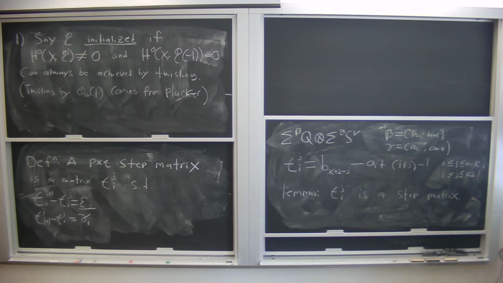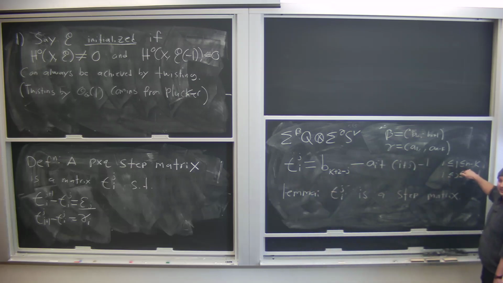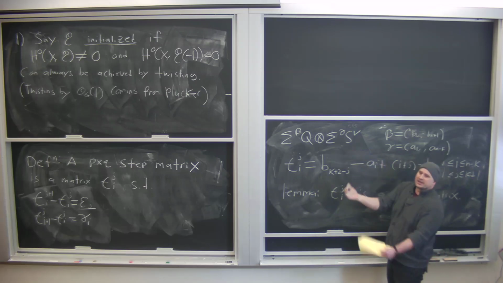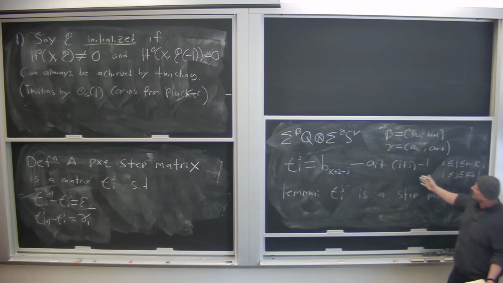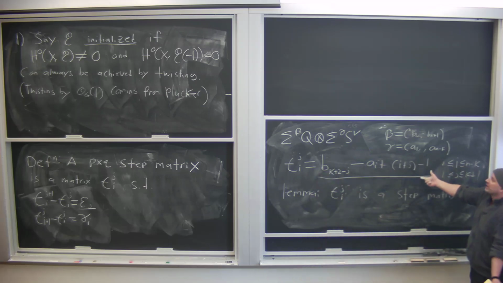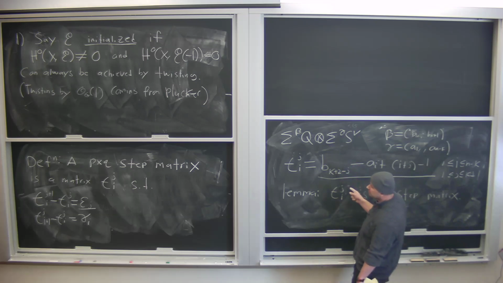And I'll just say here that if I had a step matrix of this correct size, then I recover the ACM bundle by inverting this formula in an annoying kind of way that I won't write down, but it's two lines, one to define the A_I's, one to define the B_I's.